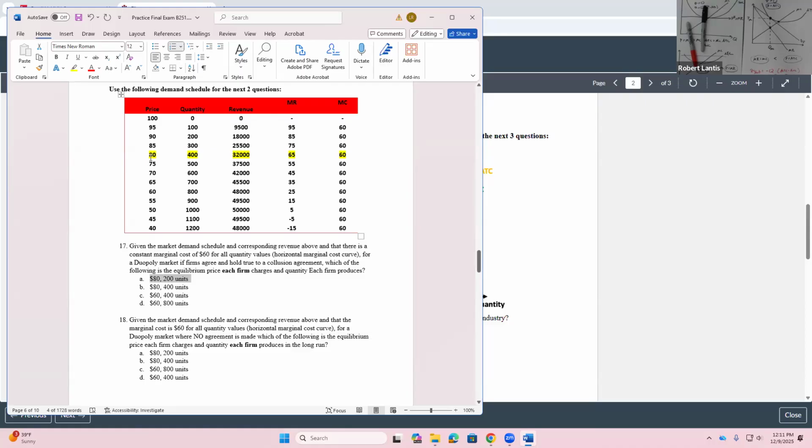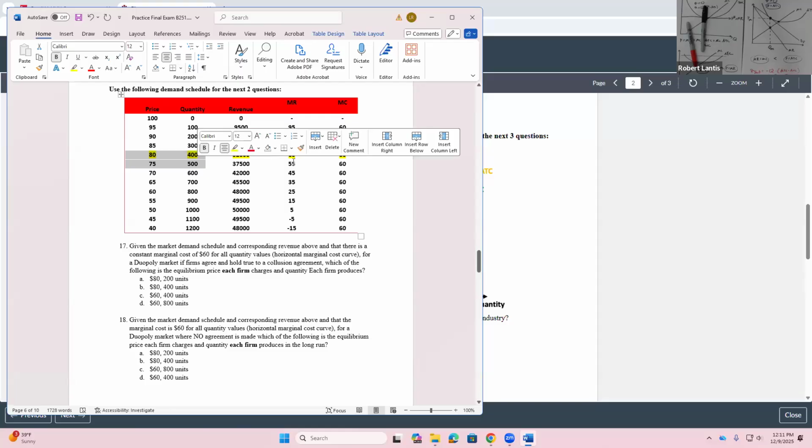Elastic. We could go all the way back to module 4 and calculate the elasticity, and it'll show us that it's greater than 1, or we just simply need to know that when marginal revenue is positive, the demand curve is elastic.